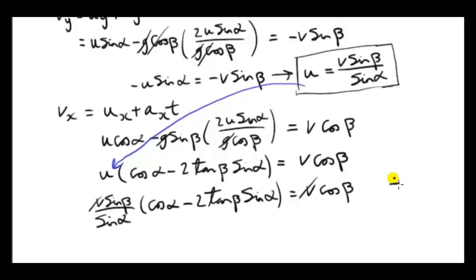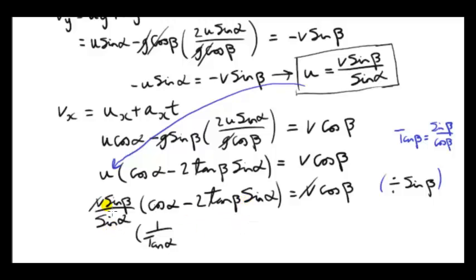To do that, just divide everything by sine beta, and we're going to use the fact that tan beta is sine beta over cos beta, or we can invert this to get 1 over tan beta. So if I divide this by sine beta, I get 1 over sine alpha, and I'll take the sine alpha in here and we get cos alpha over sine alpha. Now that's just tan alpha turned upside down, or 1 over tan alpha.